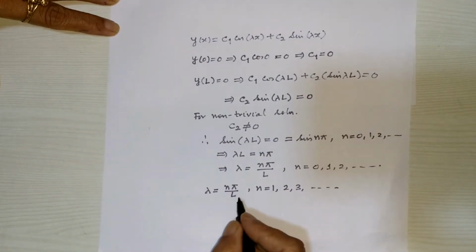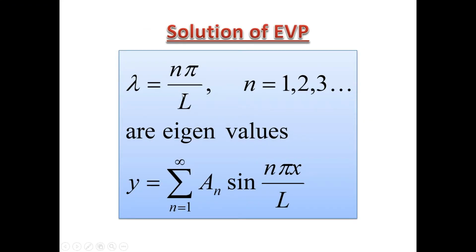This lambda is called the eigenvalue of the problem. So lambda is equal to n pi upon L, where n takes the value 1, 2, 3. Therefore, the complete solution of this eigenvalue problem is given by the summation of all the possible solutions for different values of n.